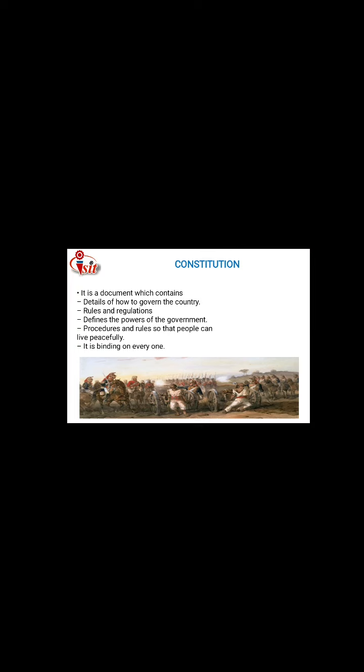There is a procedure and rules so that people can live peacefully. It is binding on everyone. This is called a constitution.